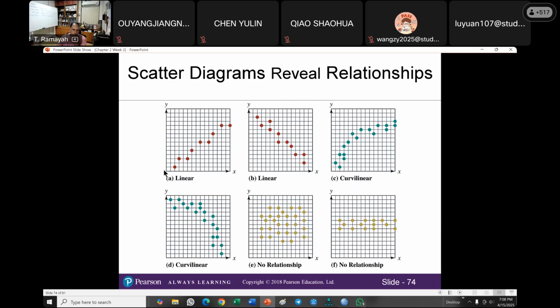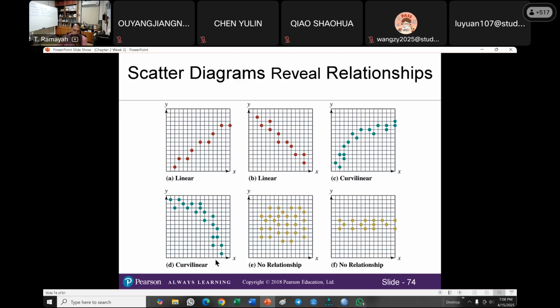So here we have a positive linear relationship. Here we have a negative linear relationship. So they are still relationships. Here we have a curvy linear relationship, which is like this. This is also curvy linear.